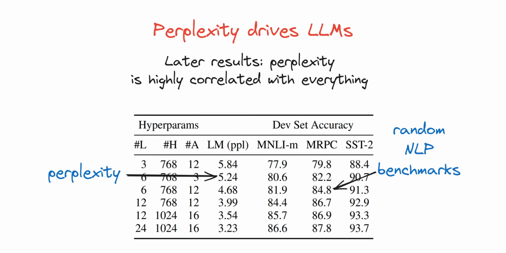The major result that people found next was that perplexity on the task of language modeling by itself could be used to produce models that would be really good at tasks that the model had never seen or had just seen a few examples of. This table demonstrates an interesting result where just raw language modeling perplexity goes down from 5.84 to 3.23 over a series of experiments.